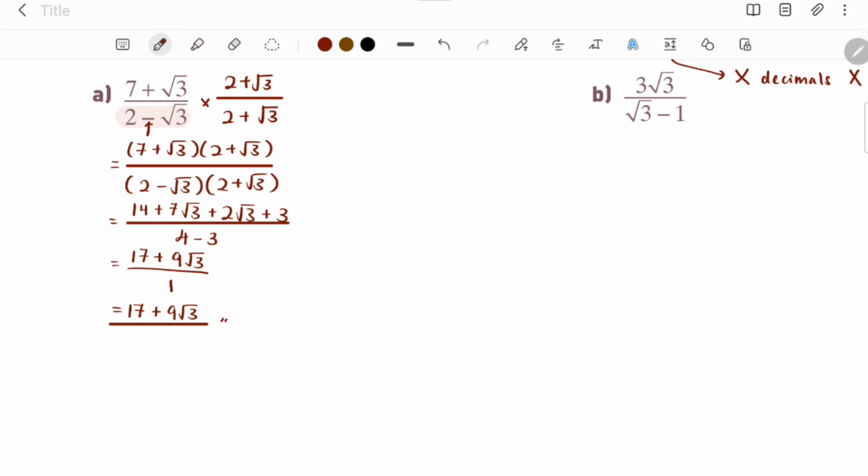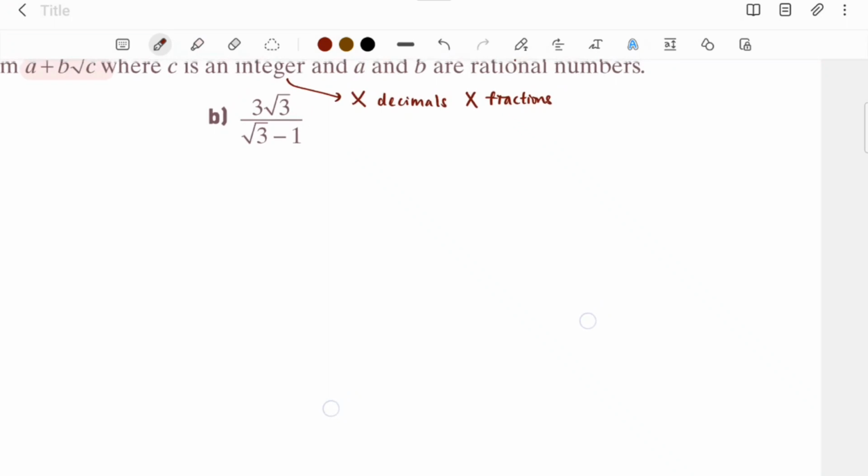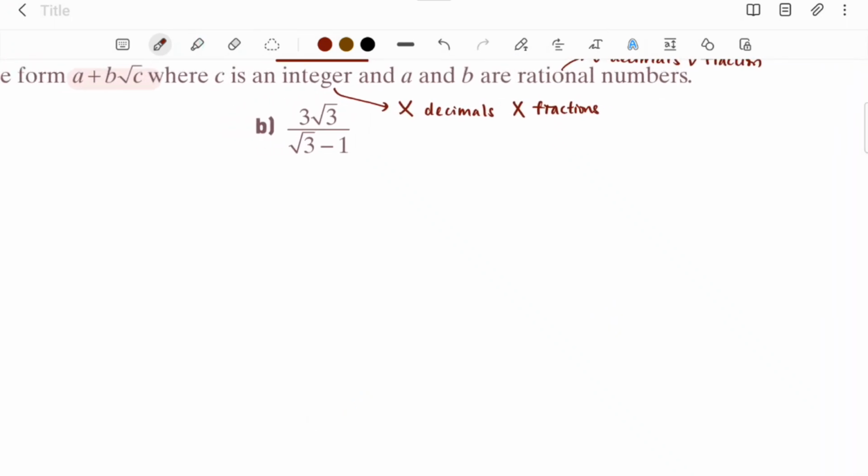Okay. So let's look at B. We always look at here. There's a square root over here, so I have to remove it by rationalizing it. So this one is surd 3 minus 1. So to rationalize it, 3 surd 3, this one I copy back down first.